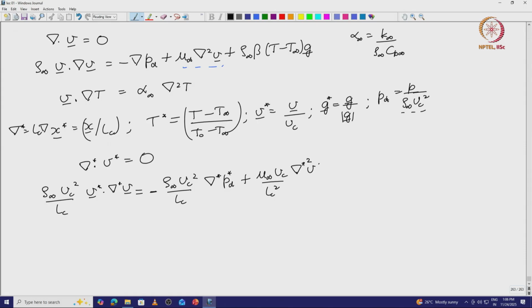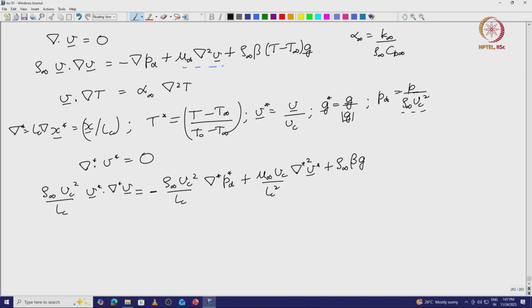del square of the velocity, plus rho beta into T minus T infinity, beta into the magnitude of the gravitational acceleration.